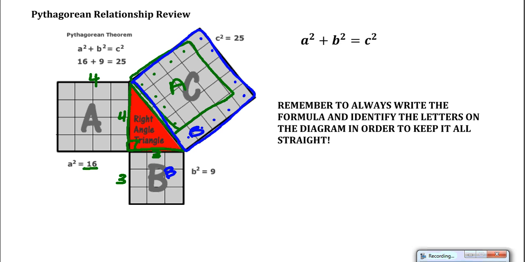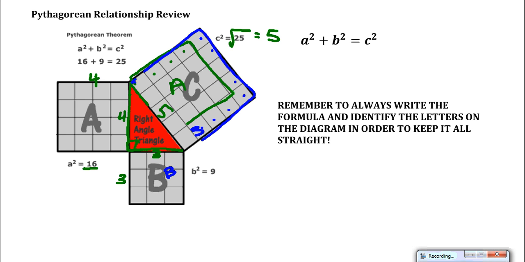And so the two smaller squares add up to the larger square. If we wanted to find the length of the hypotenuse, this longer side, it's 1, 2, 3, 4, 5. So it has a length of 5, or the square root of 25, which is 5.